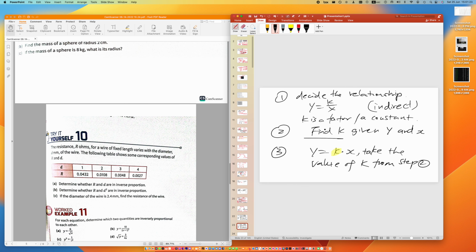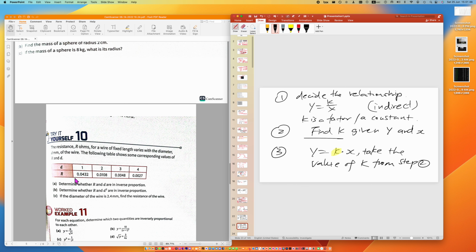Later when you change, you change the y with something, you change the x with something. The k is for you to find. Which one comes first? Y. Yes.